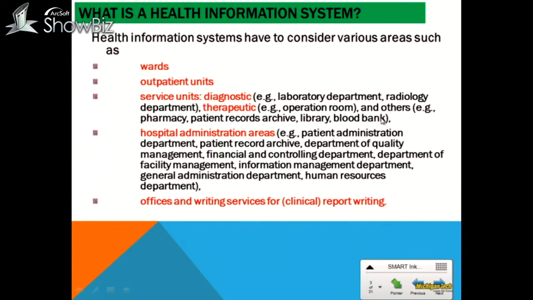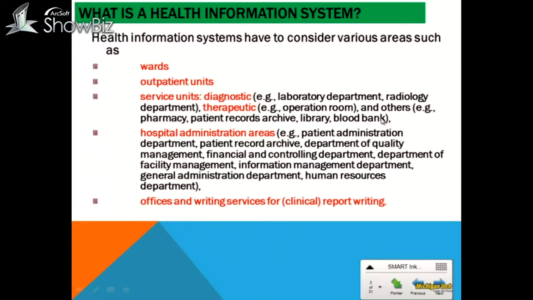So what does the health information system consist of? Generally, the first thing we think of is the hospital, because the hospital should be included in the health information system.